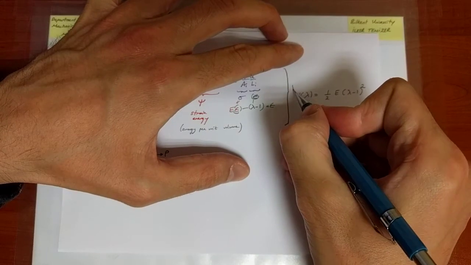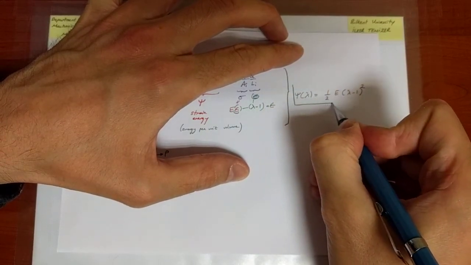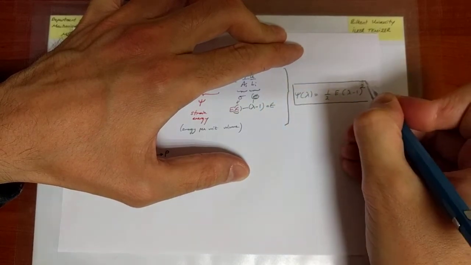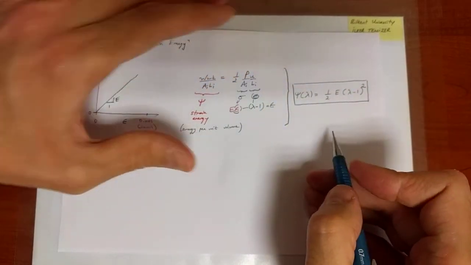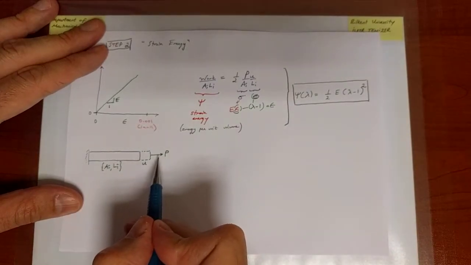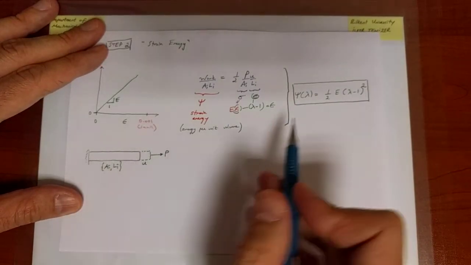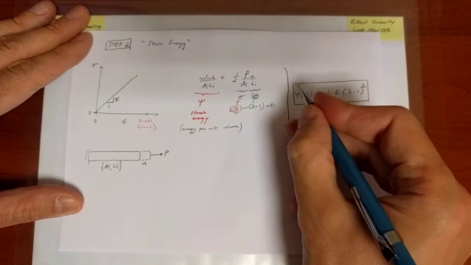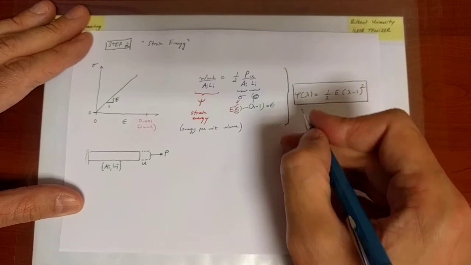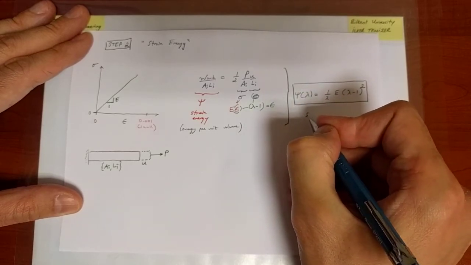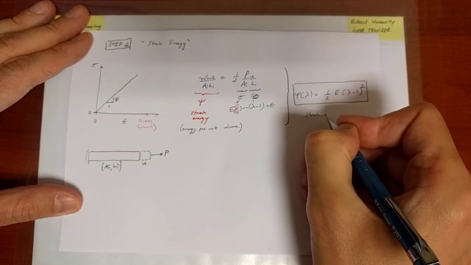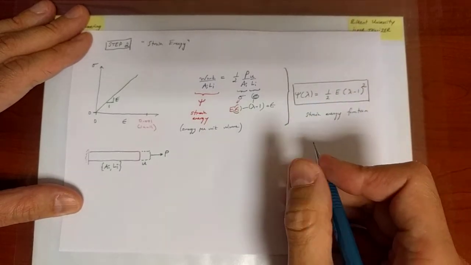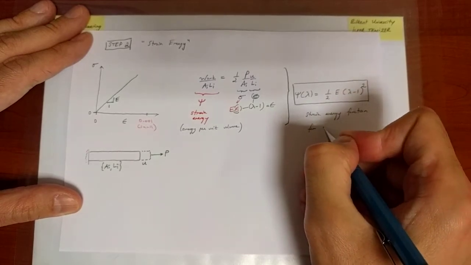So this is our expression for energy per unit volume that is stored in a structure that is loaded under axial loading, only normal stresses, it's intrinsically a 1D structure, and those deformations are elastic and small. So we call that strain energy the strain energy function for linear elasticity.